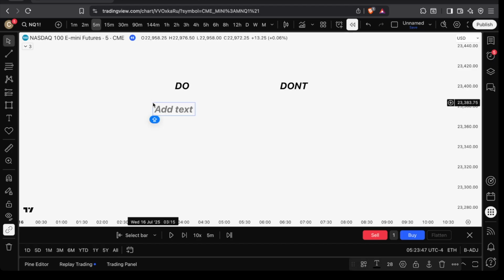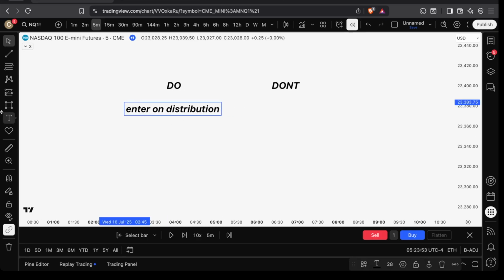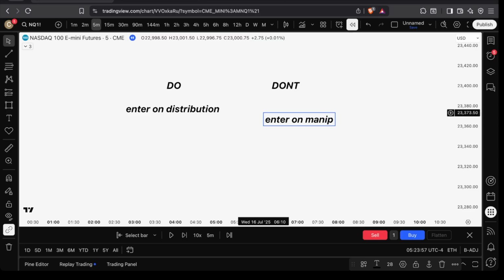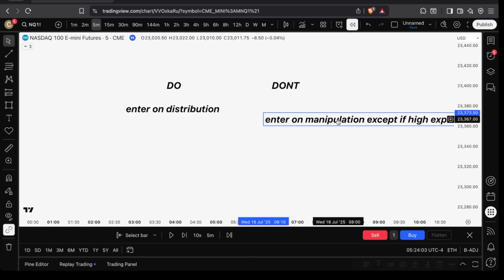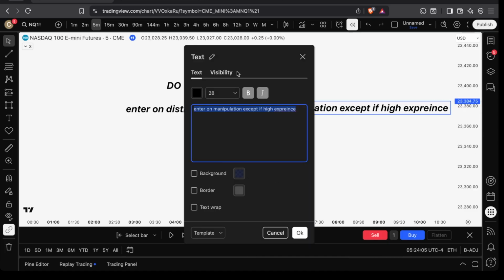Do enter on distribution. Don't enter on manipulation, except if you have high experience. If you can catch the manipulation moves, then yes, you can enter.